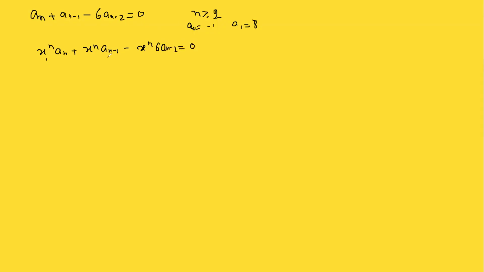Up to here, any problem? Take sigma, but sigma starts from 2, right? Up to here, any problem? No. Right up to here.